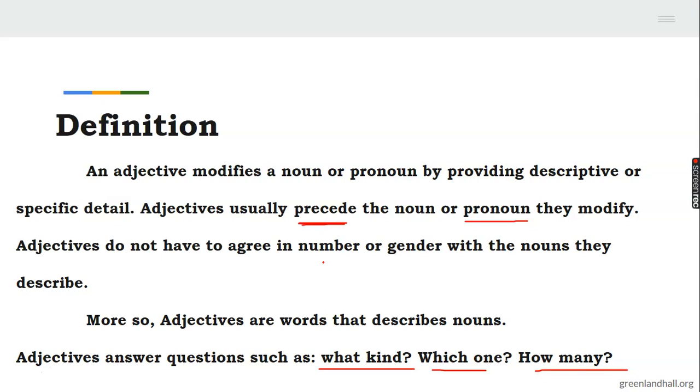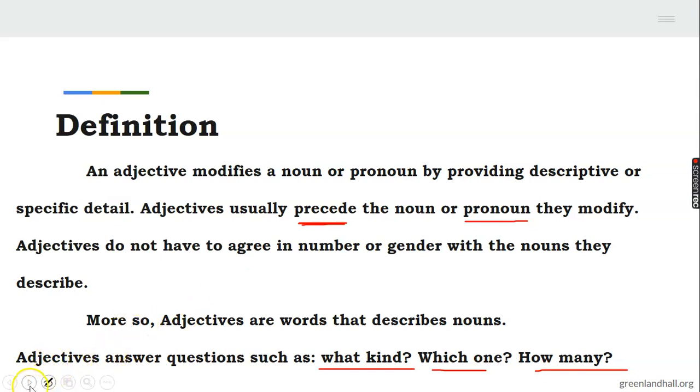You can't say I have 2 blues biros, because an adjective does not have to agree with the number 2 in that sentence. Therefore you say I have 2 blue biros.